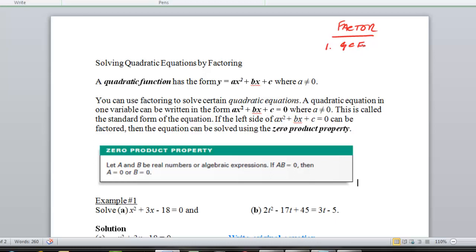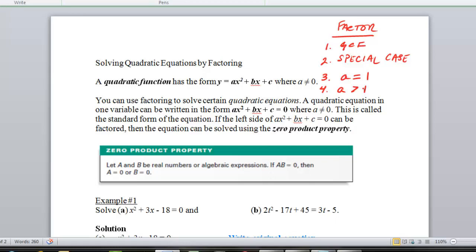Then we learned some special cases, such as perfect square trinomials and difference of squares. Then we learned how to do trinomials with an a value equal to 1. We've also learned how to do trinomials with an a value greater than 1, and if you remember, we use a process called grouping to do that factoring.